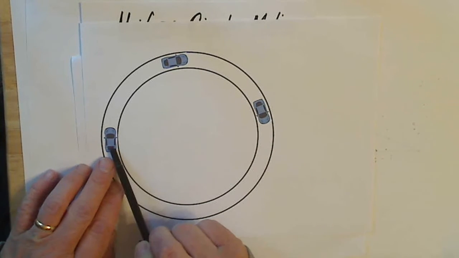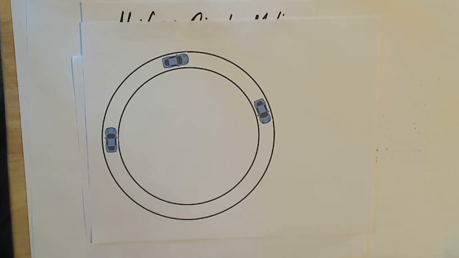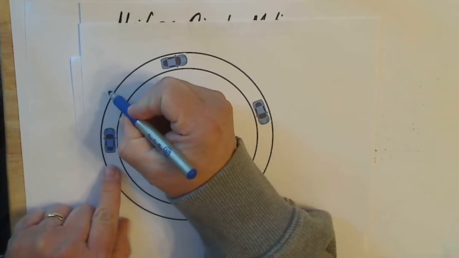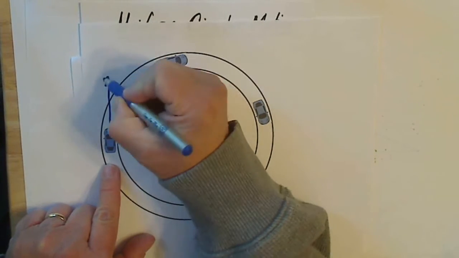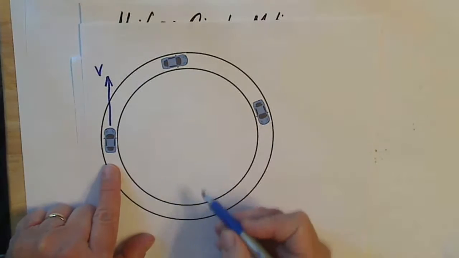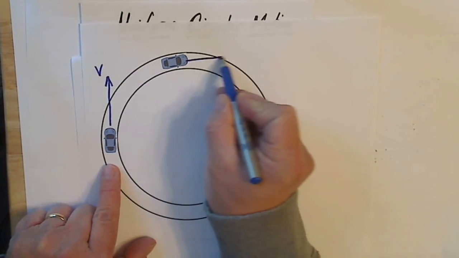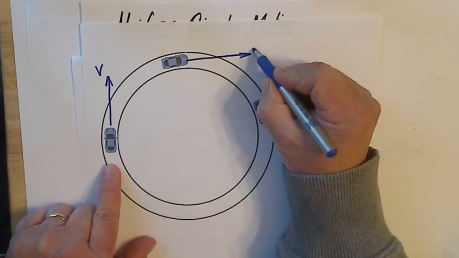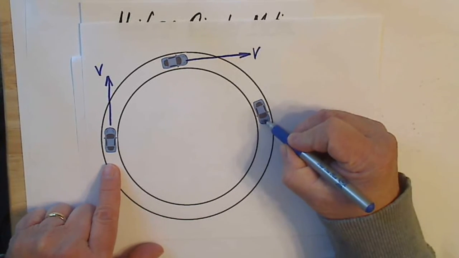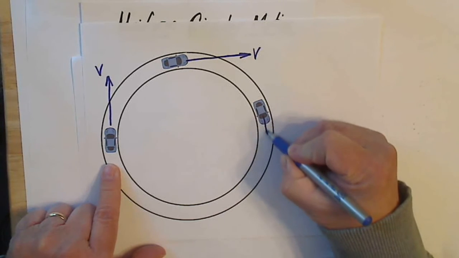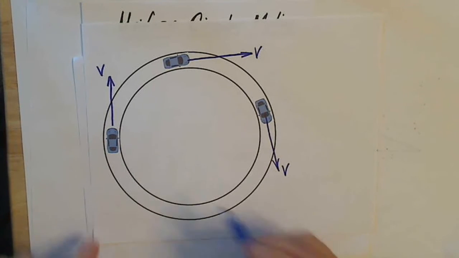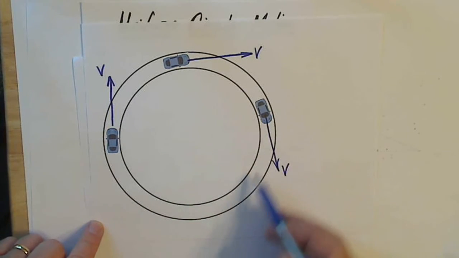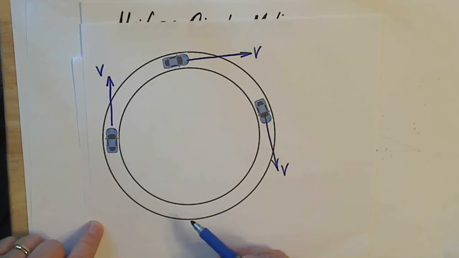Now, according to Newton's first law of motion, this car wants to travel in a straight line at a nice constant velocity. When the car's over here, it also wants to travel in a straight line at constant velocity. But something is making that car go around the curve to give it that curved path.